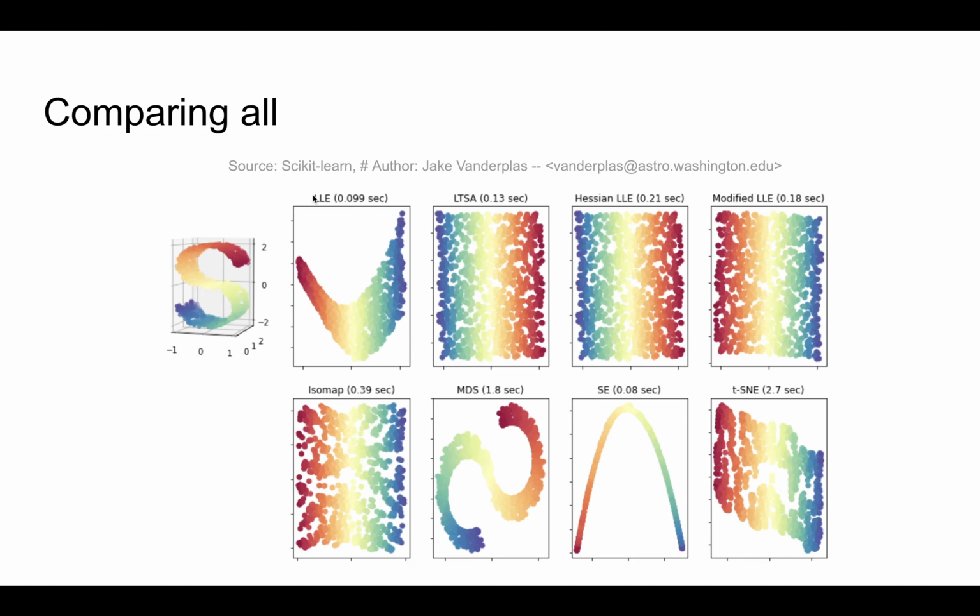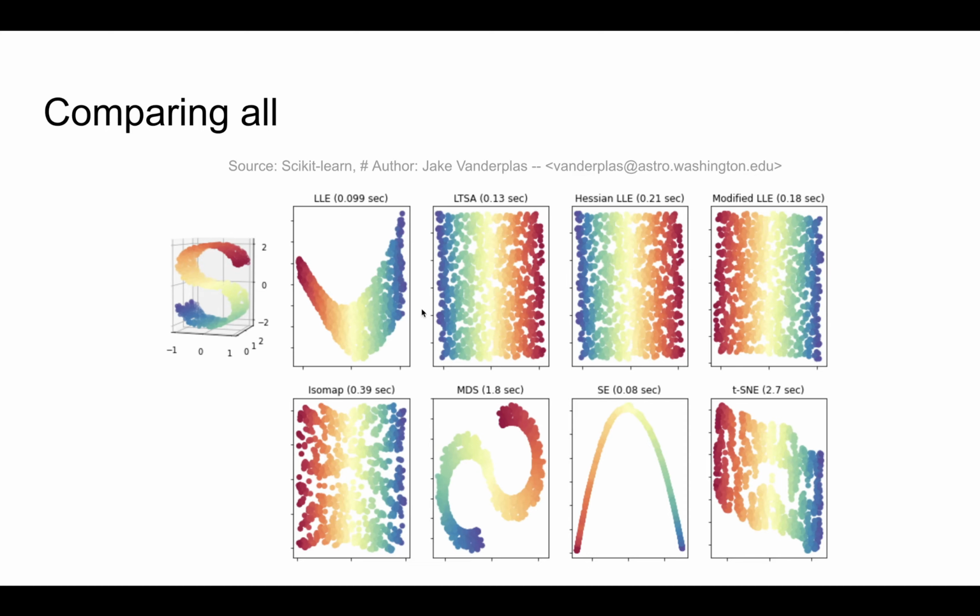And so one point that we can immediately note is that t-SNE takes the longest time. It takes around 2.7 seconds, whereas the shortest time is for SE or LLE, which is 0.09 and 0.08.